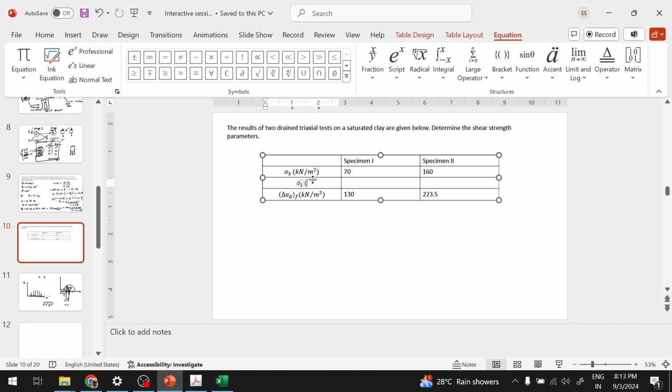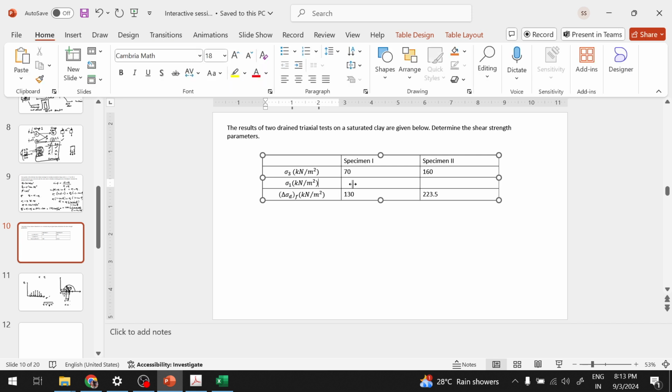Sigma 1 came out to be 200. Here it was 383.5.